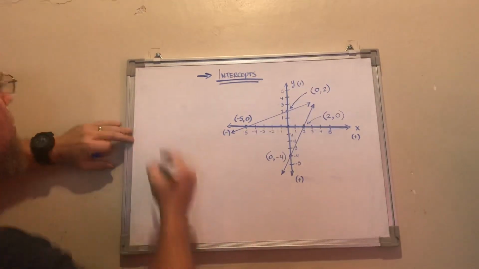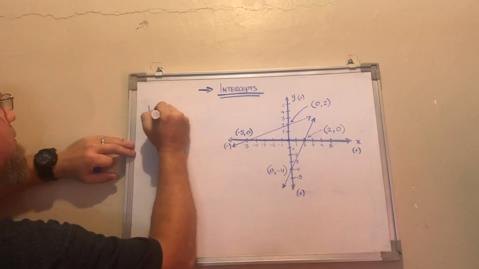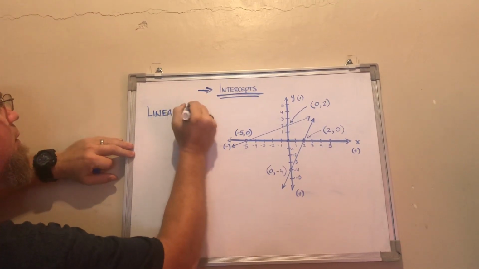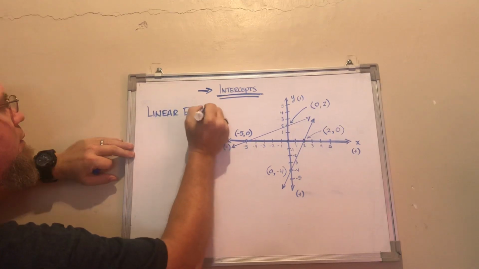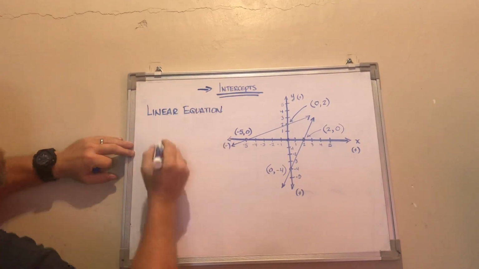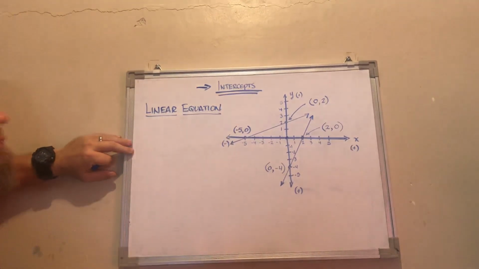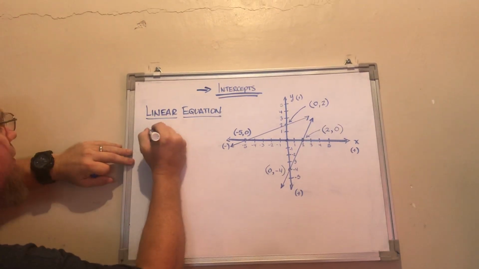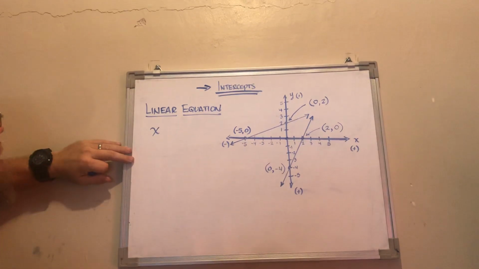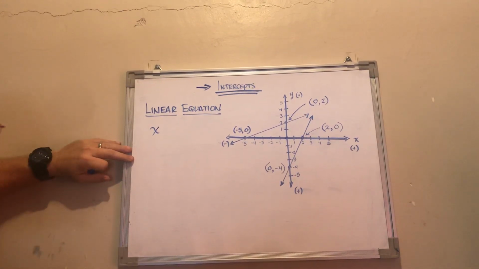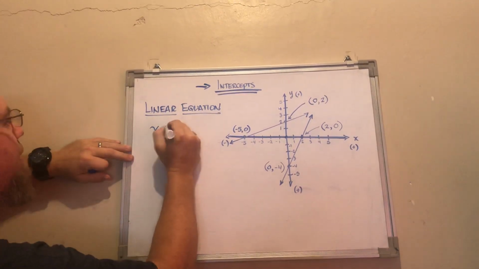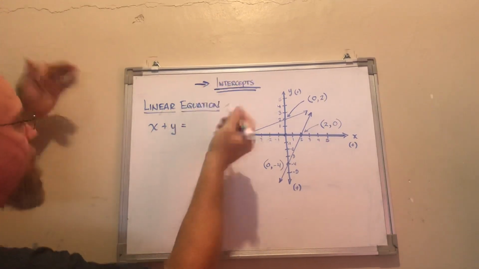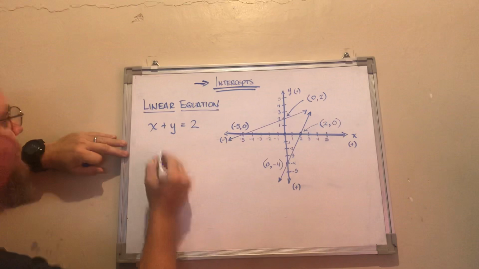A linear equation is any equation that has a variable x in it, plus a variable y, equals some number, we'll just say 2.